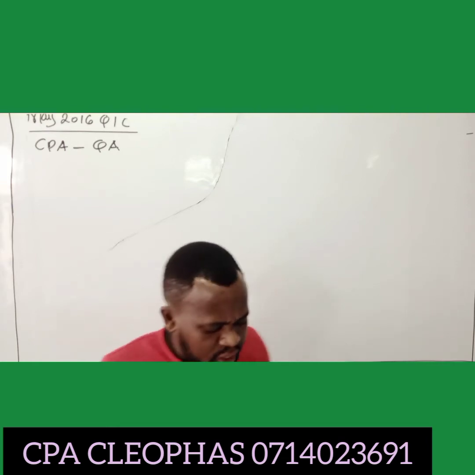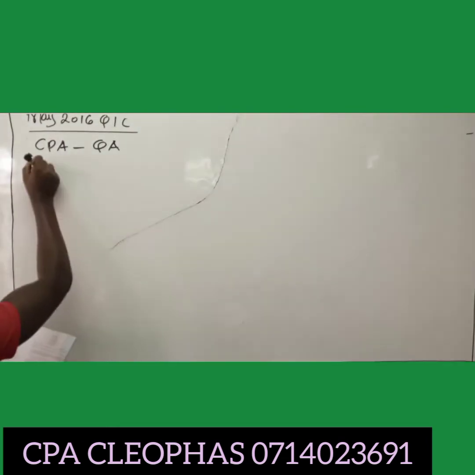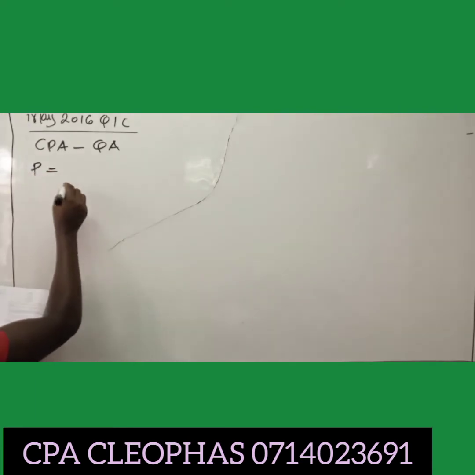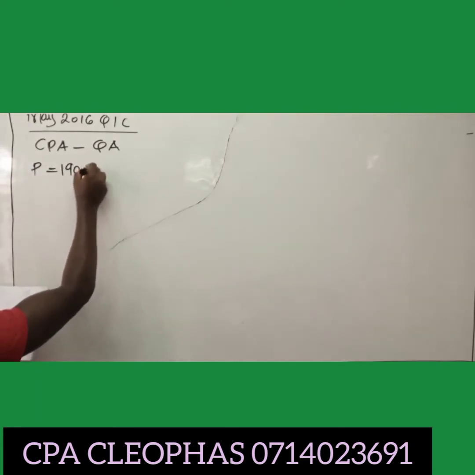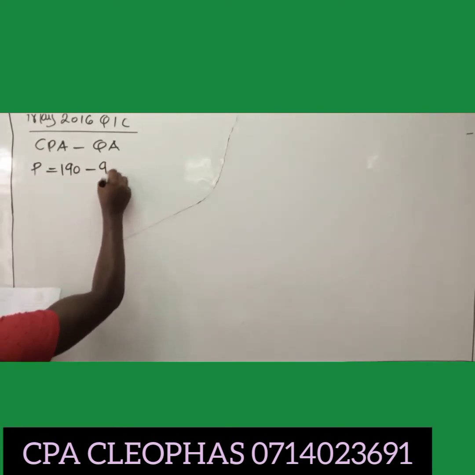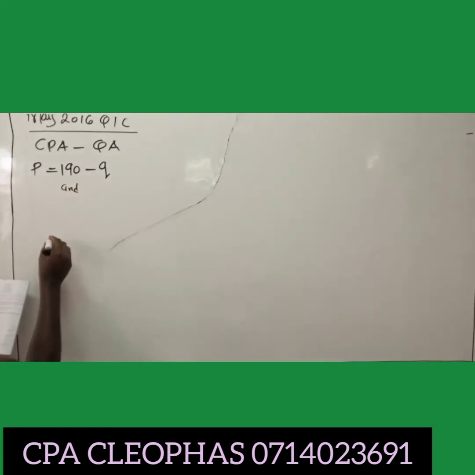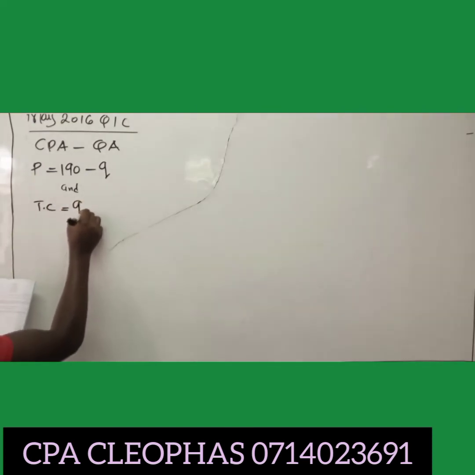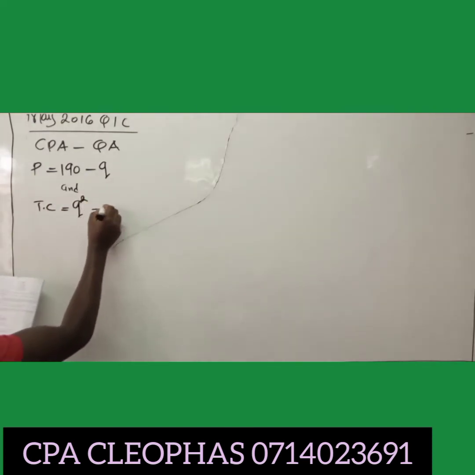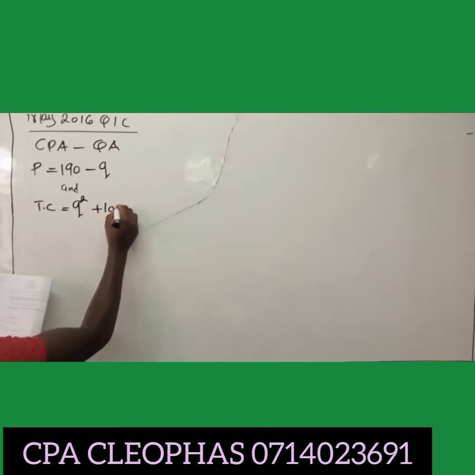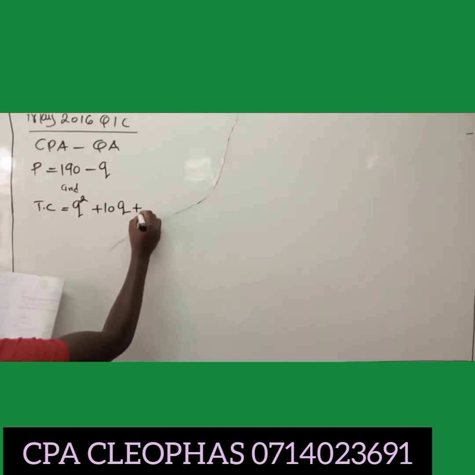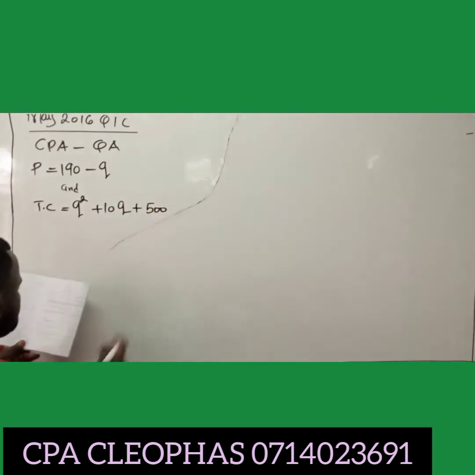So the first function here is P equals 190 minus Q. And we are also given another function, total cost TC equals Q squared plus 10Q plus 500.